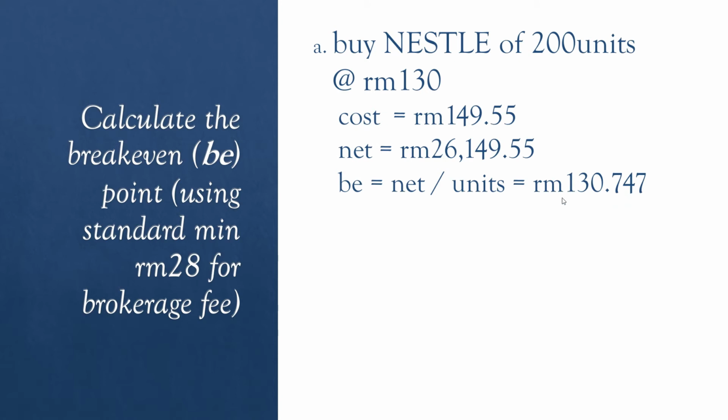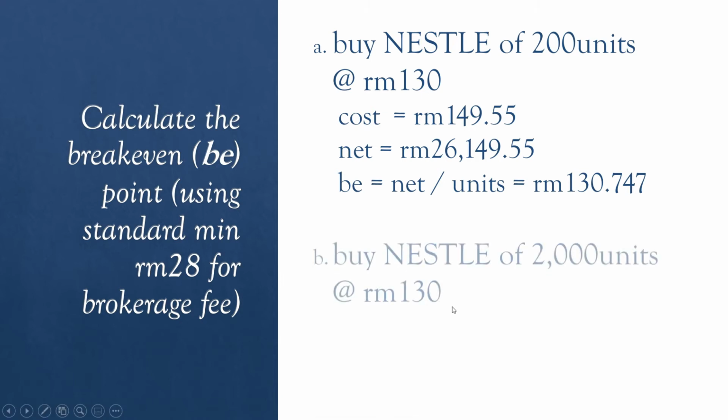If you sell at 130.747, you will only get your cost. But if you sell above 130.747, you get profit. If you sell below 130.747, then you make a loss. That's why calculation of BE is important, so that you know which level you should sell at. So that's one example.